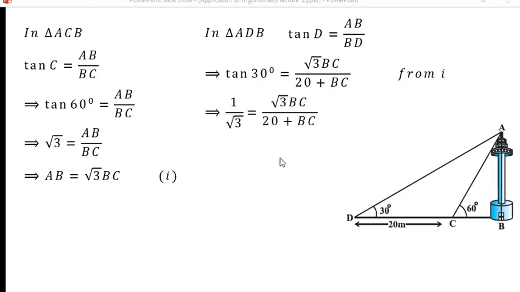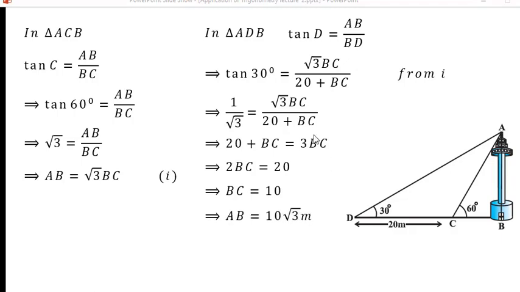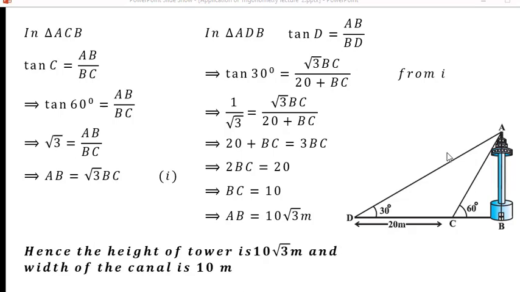So again we will simplify and we can find the value of BC. Here we get value of BC as 10. So value of BC is 10. Value of CD is 20. Now we have to find the value of AB. As in equation 1 it is root 3 BC, so it will become 10 root 3 meter. So value of AB is 10 root 3 meter. Hence the height of tower is 10 root 3 meter and width of the canal is 10 meter.